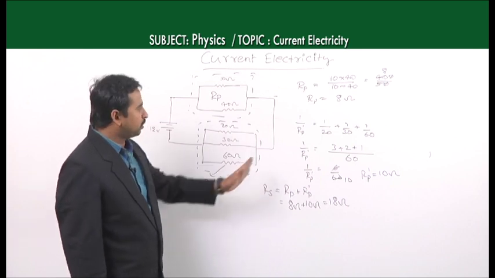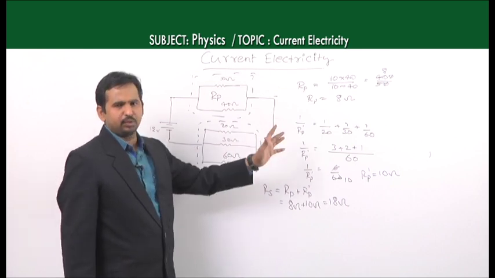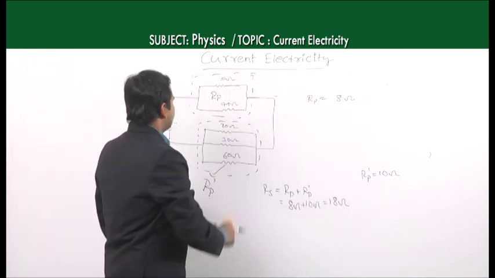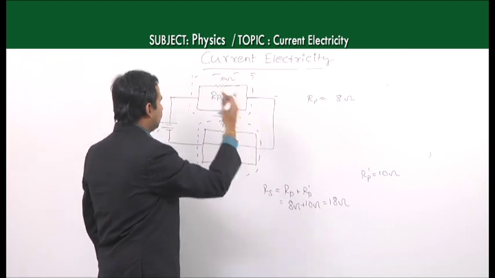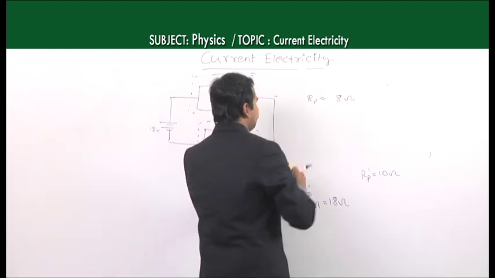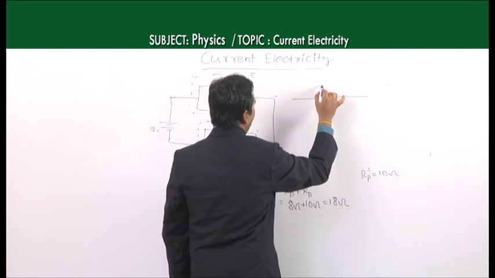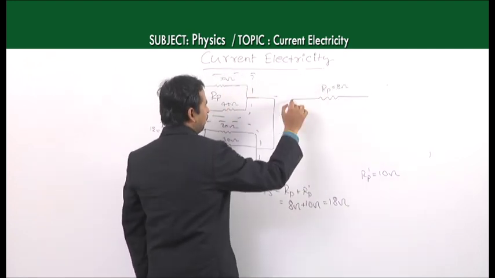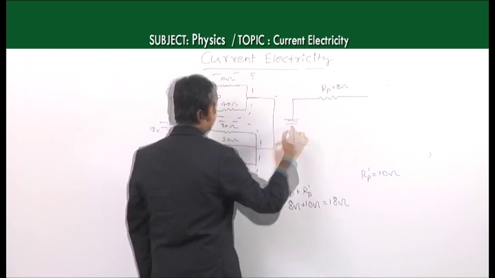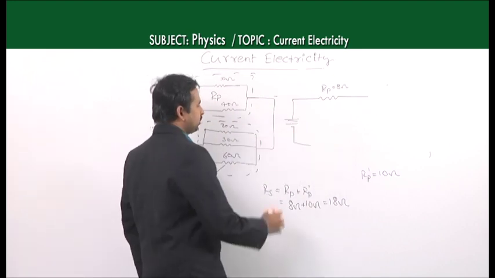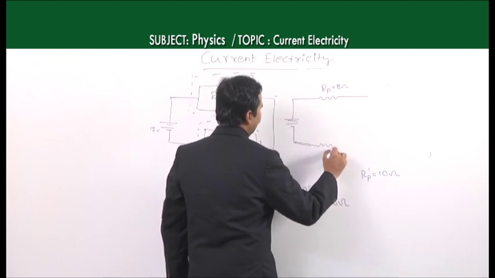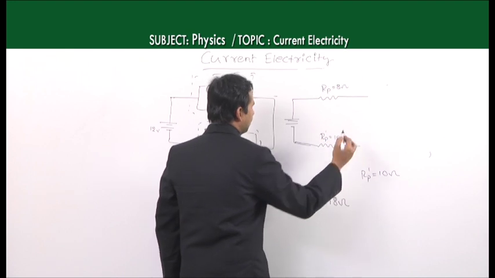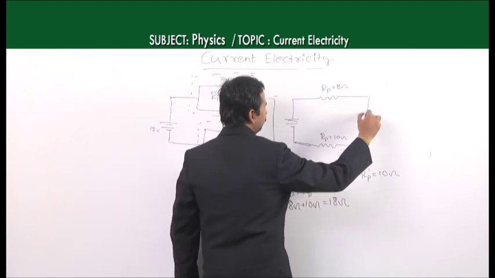If we take that into a diagram, it looks like this. For the first part, the circuit has Rp equal to 8 ohms, and here we have the battery. For the second, Rp dash, we take one more equivalent resistor, which we got as 10 ohms, and this is the connection.